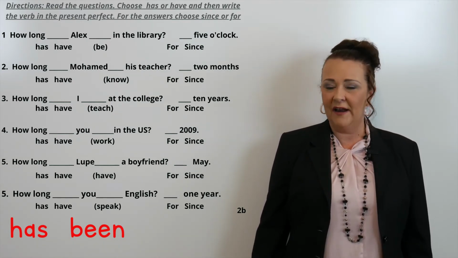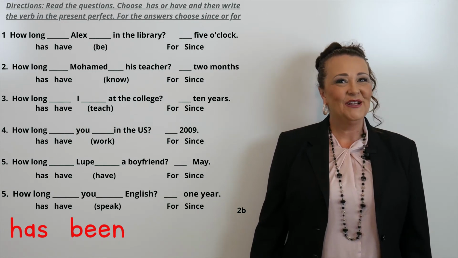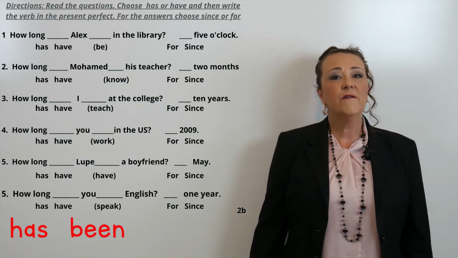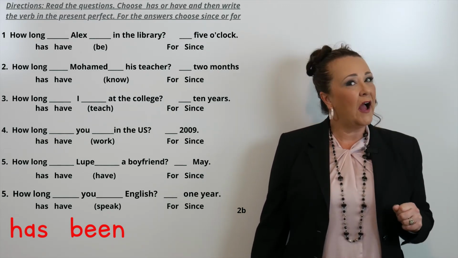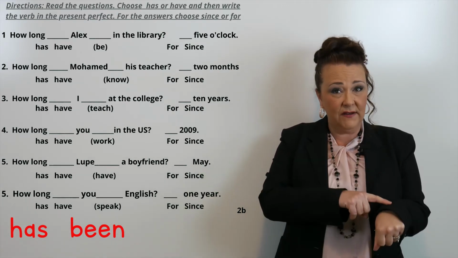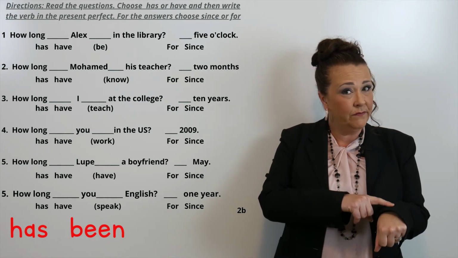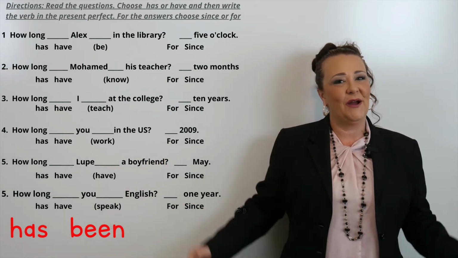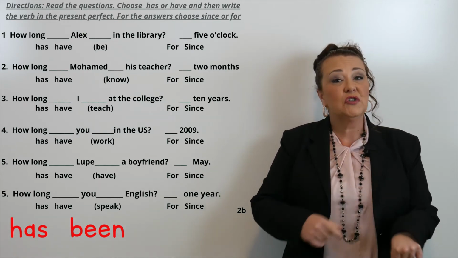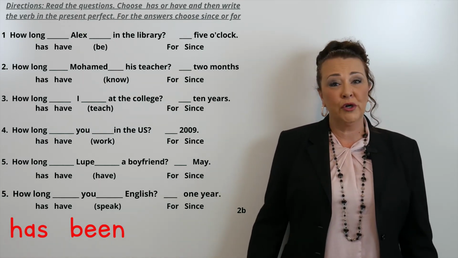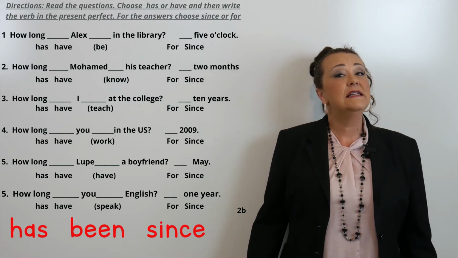Now we've got to put the answer in there. So I see 5 o'clock and I ask myself, is 5 o'clock a specific moment in time or a period of time? Well, it's specific. So we would use the word since.